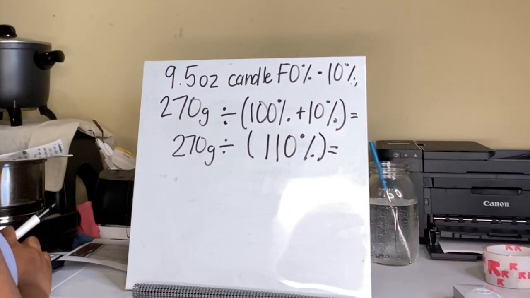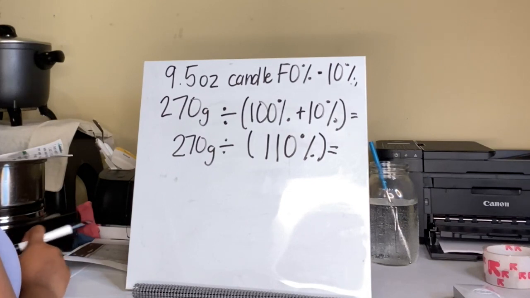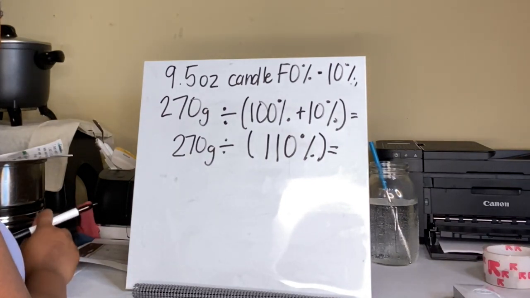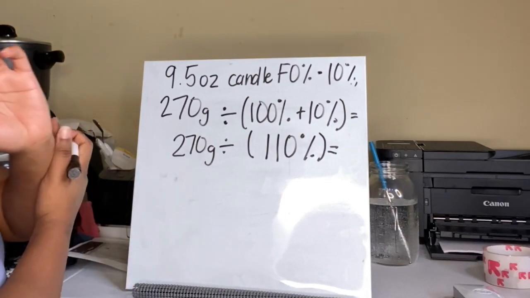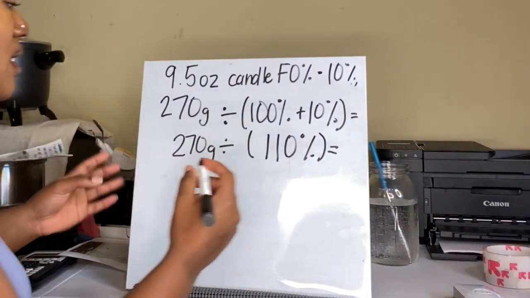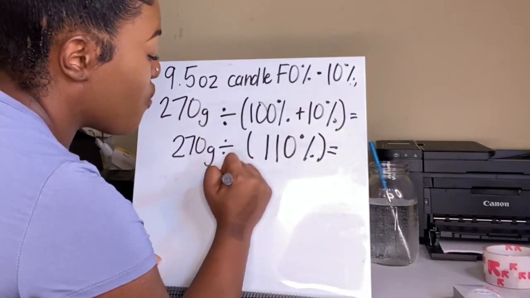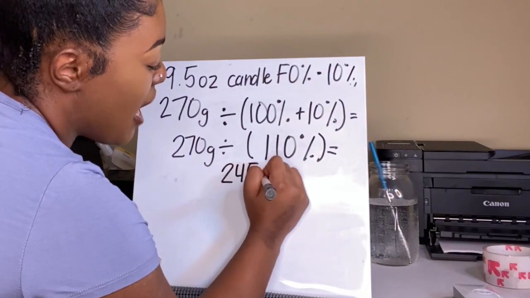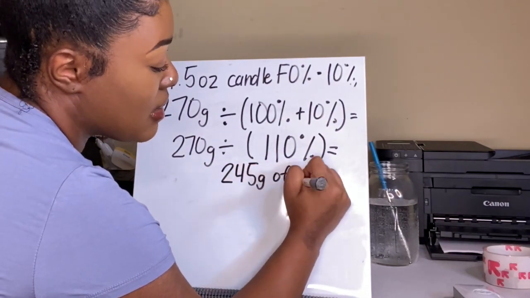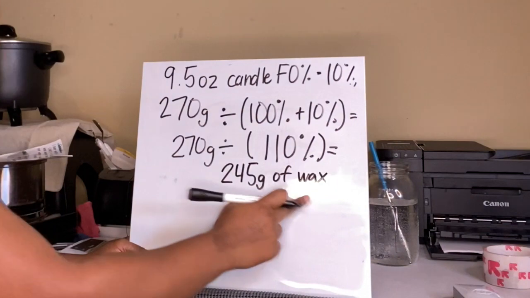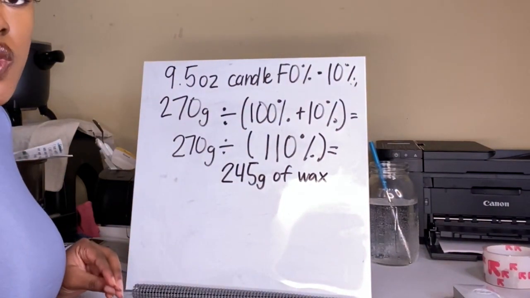All right, so 270 grams divided by 110% gives us 245 grams, and that is how much wax is needed. We still need to figure out how much fragrance oil is needed.